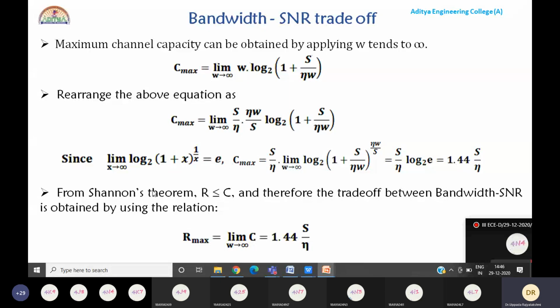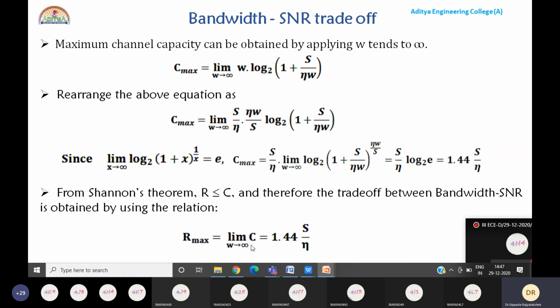So from Shannon's theorem, here r is less than or equal to c, and therefore a trade-off between bandwidth and SNR can be obtained by the relation r max. So here, because r is less than or equal to c, maximum value of r is the channel capacity. But we need to maximize the channel capacity. That can be done by applying omega tends to infinite.